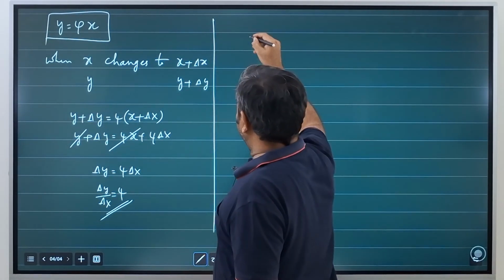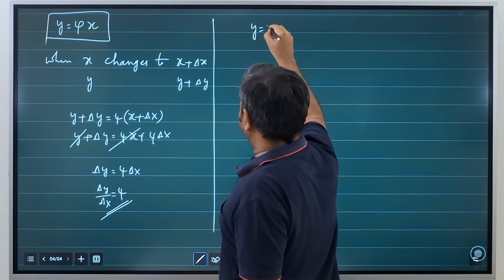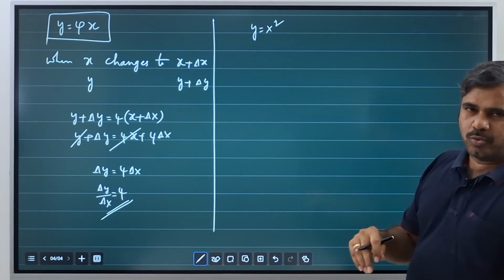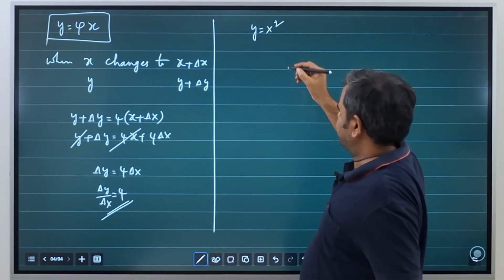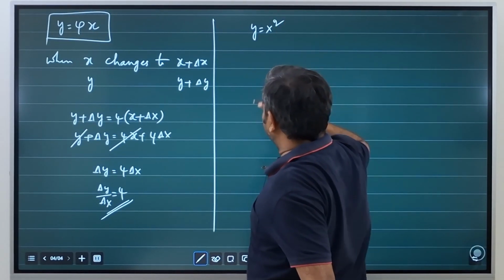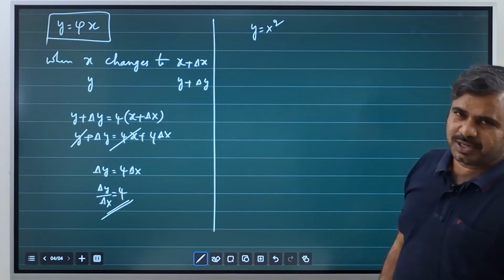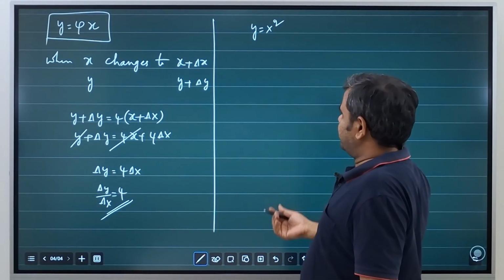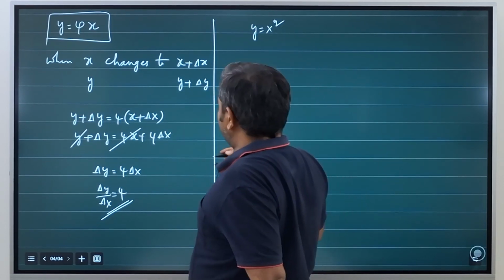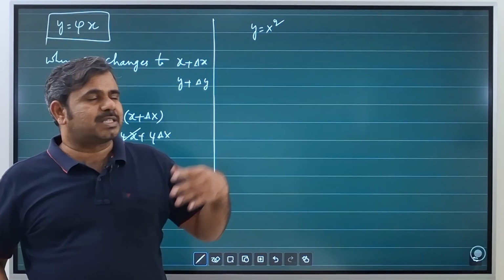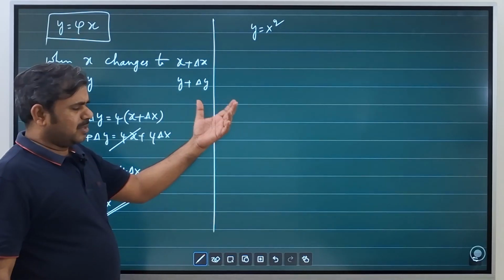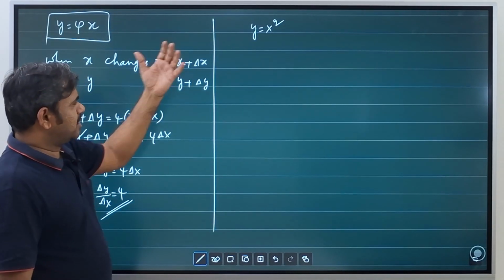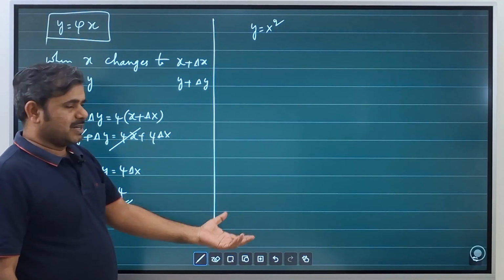Let's take y is equal to x square. Using this function, let's also enter what differential calculus means, how we are going to study little bits of changes in differential calculus. If we take the y is equal to x square function, when x changes to x plus delta x, instead of taking specific values or ranges, let's generally find out what delta y by delta x is.